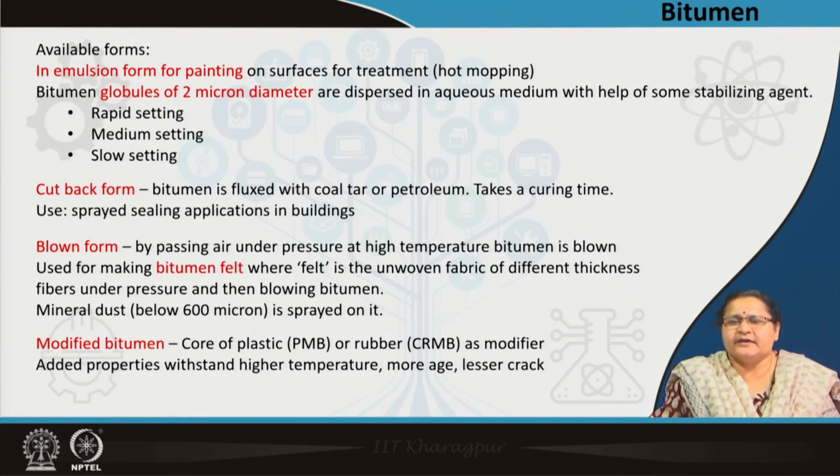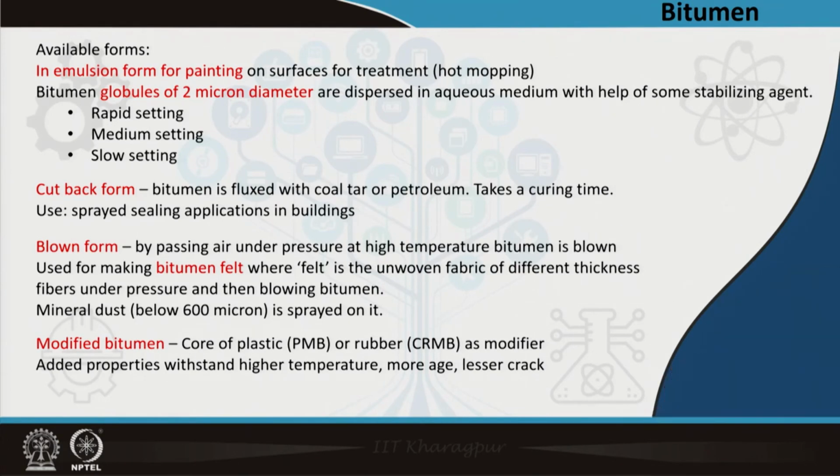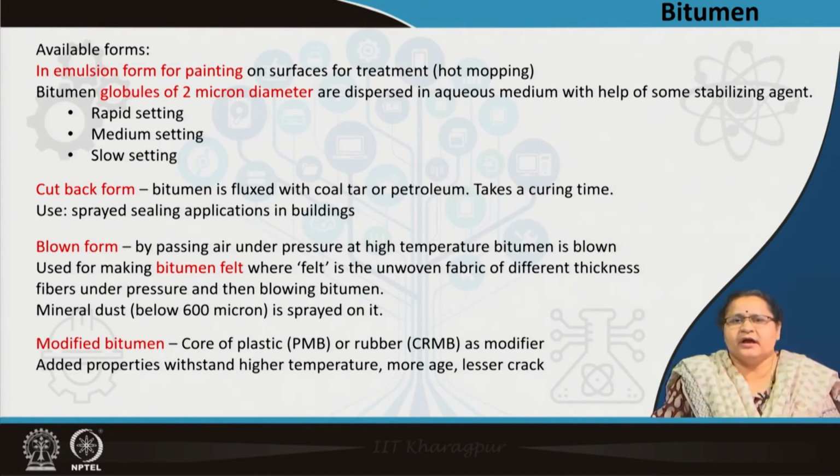It is modifying its capability to withstand higher temperature. It is getting more age, it is experiencing lesser cracks. These are used mostly on roofs or maybe on road surfaces where it is continuously exposed to high temperature. So, that is modified bitumen.